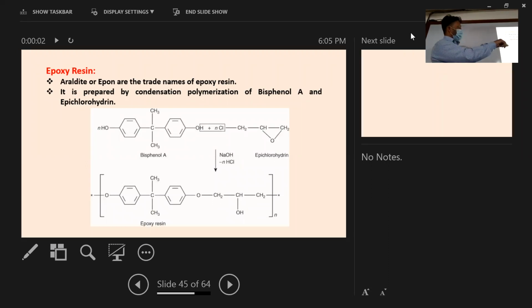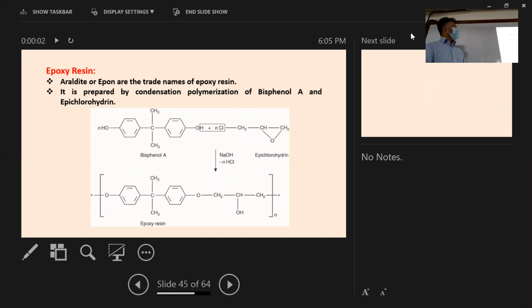So this is our bisphenol A, and it reacts with epichlorohydrin, removing one HCl for each molecule. So when n molecules react, removing n HCl, we get the epoxy resin.